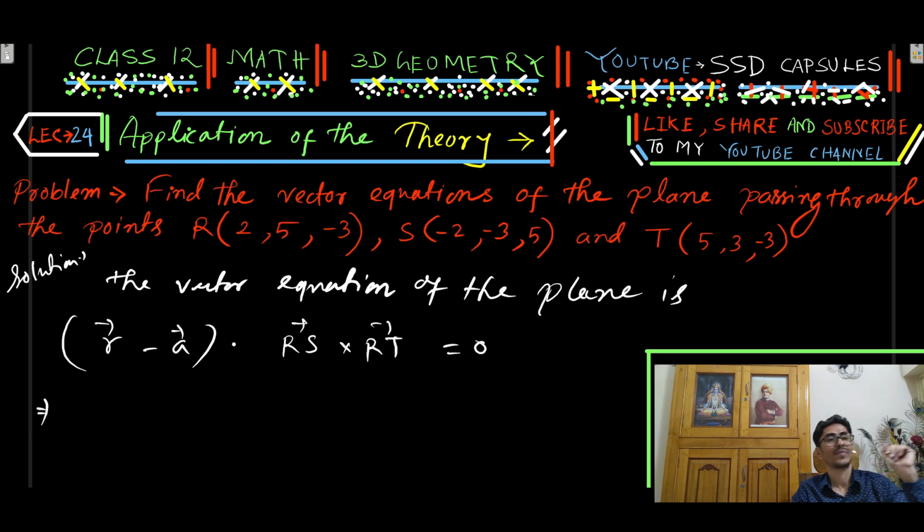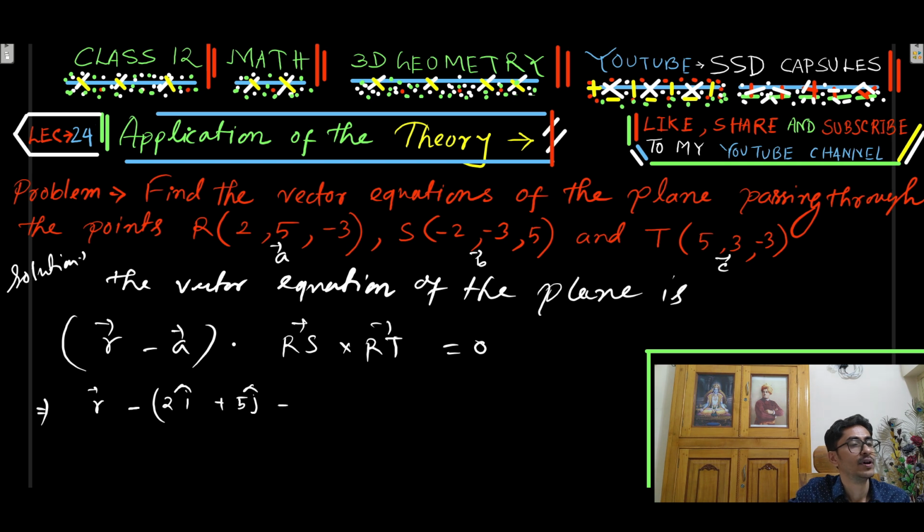Here this is a vector, this is b vector, this is c vector. So r vector minus a vector, r vector minus (2 i cap plus 5 j cap minus 3 k cap), dot rs vector cross rt vector.